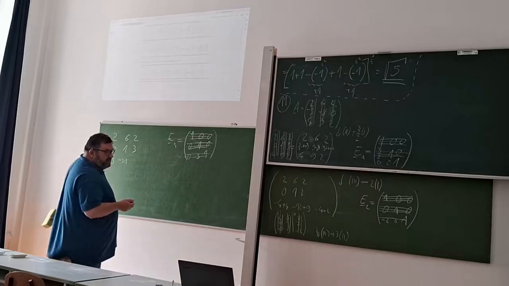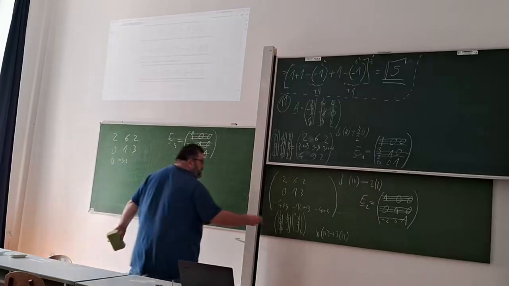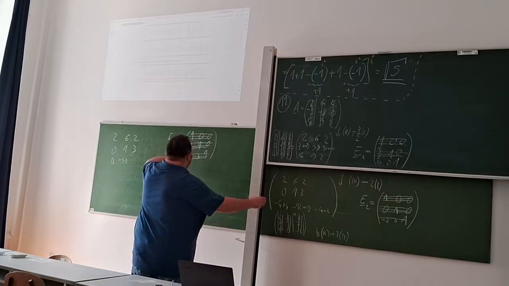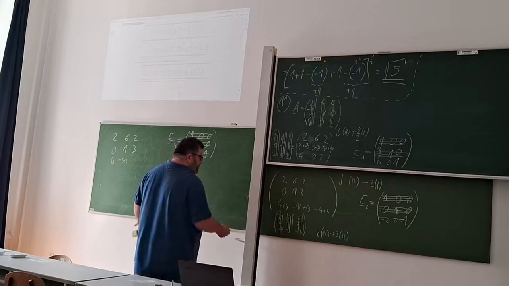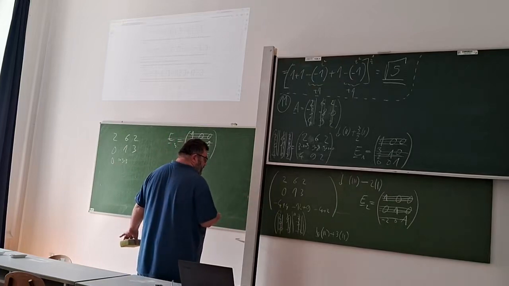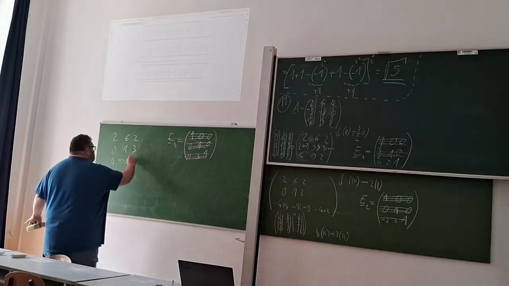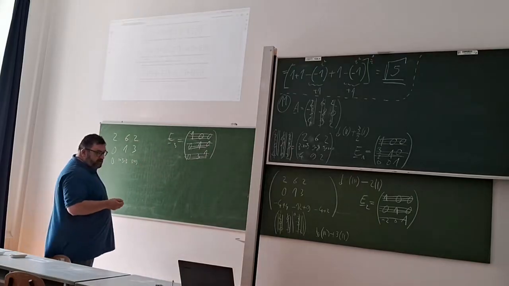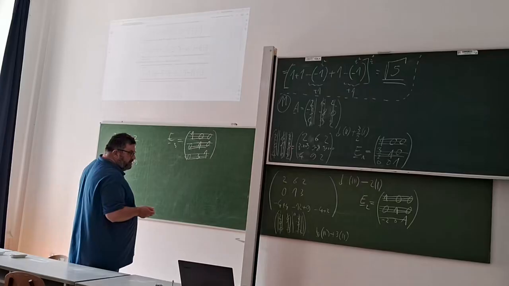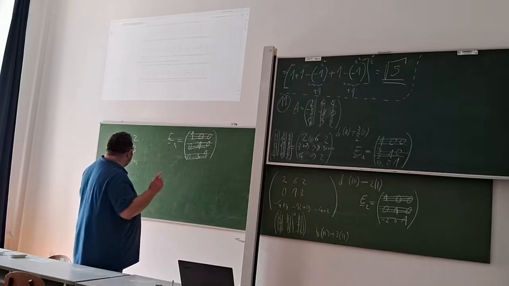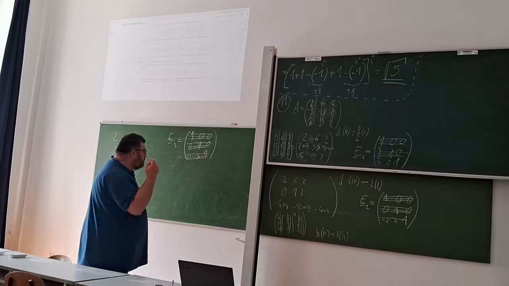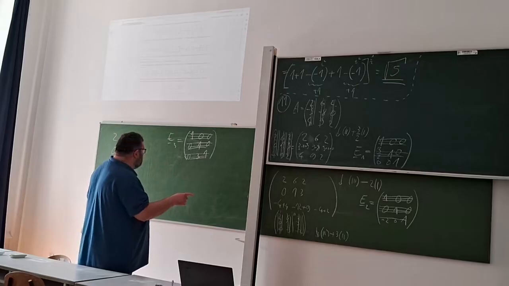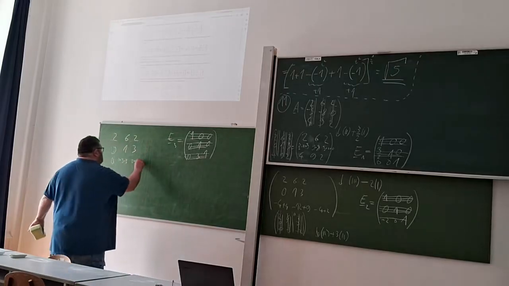And then the last, that's this and this, then 2, 0, 2, that's 0. 3 times 3, that's 9. And then minus 1, minus 2, minus 2.